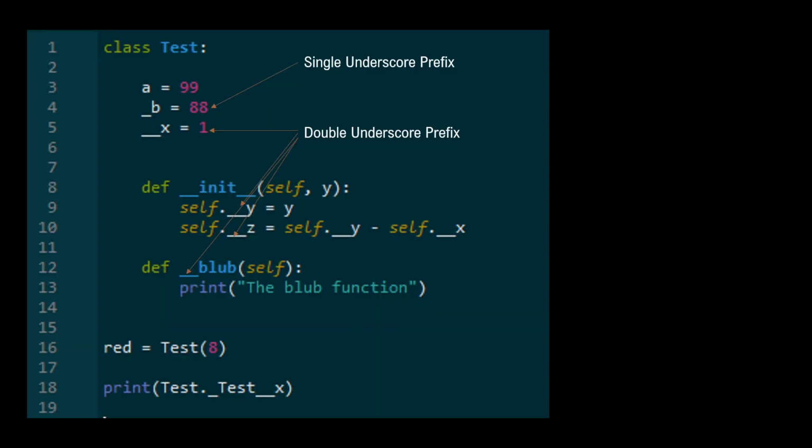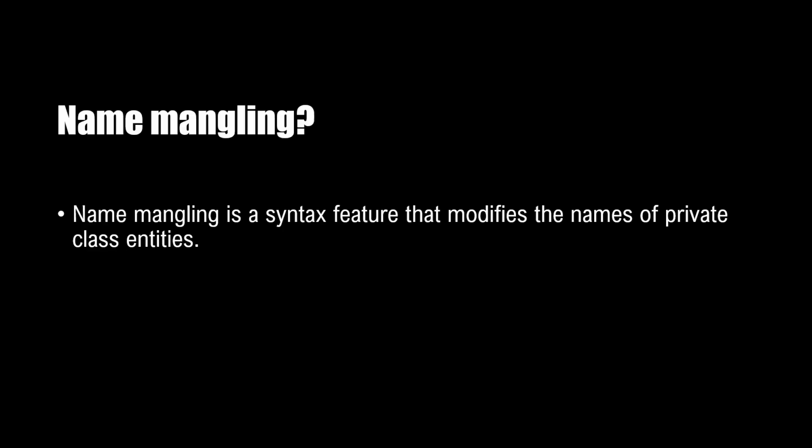The single underscore b class attribute equal to 88 is freely accessible outside of the class without name mangling. However, in order to access the class attribute double underscore x, as well as the instance attributes y and z, and the regular method blub, the user would have to use name mangling in the code in order to access those entities.